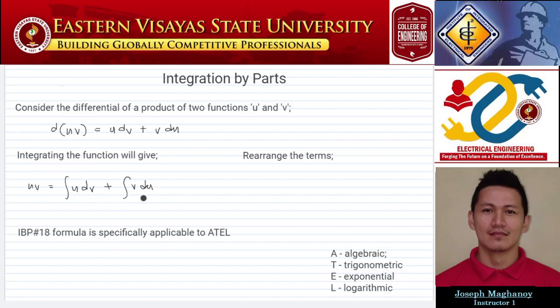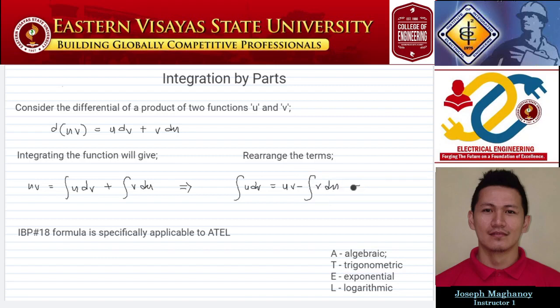So to rearrange this equation, we can have the integral of u dv is equal to uv minus the integral of v du.